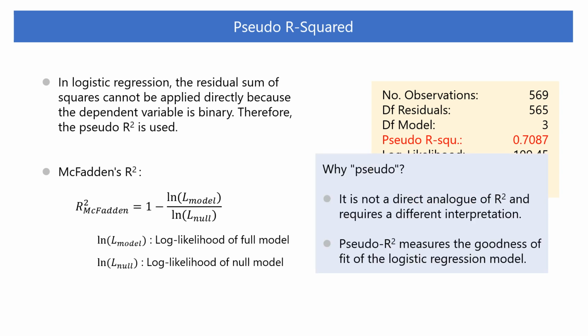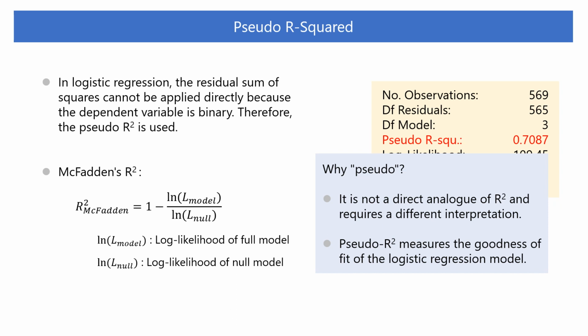So, why pseudo? The term pseudo is used because this indicator is not a direct analog of R squared in linear regression and requires a different interpretation. Since linear regression is used to predict a continuous numeric dependent variable, R squared in linear regression directly describes the rate of variation of the dependent variable.